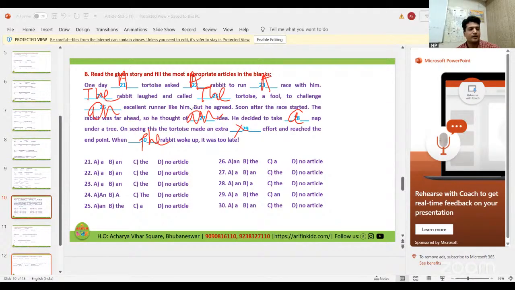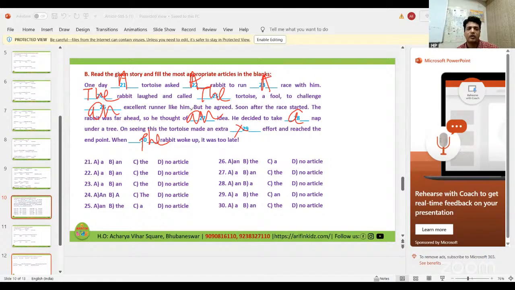So I'll share the answers with you again. One day, a tortoise asked a rabbit to run a race with him. The rabbit laughed and called the tortoise a fool to challenge an excellent runner like him. But he agreed. Soon after the race, the rabbit was far ahead, so he thought of an idea. He decided to take a nap under a tree.